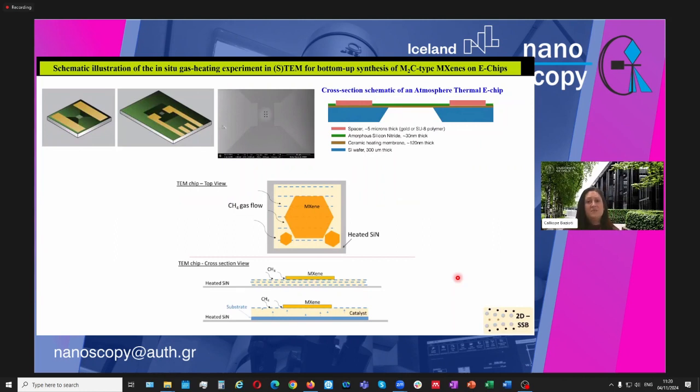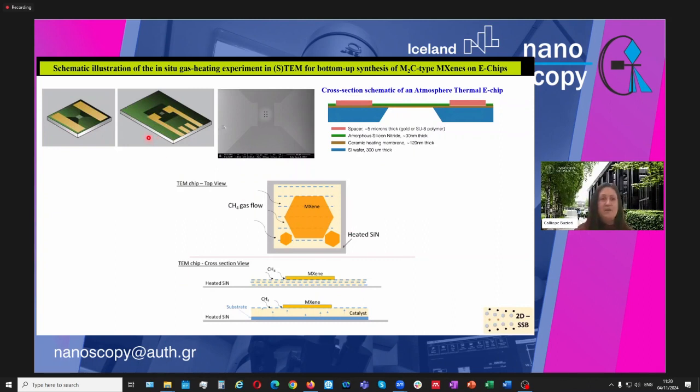So, our goal for the in situ part of our work is to try to imitate the CVD process in situ in TEM and achieve growth of molybdenum carbide, with a final goal to understand the very first stages of the growth mechanism.